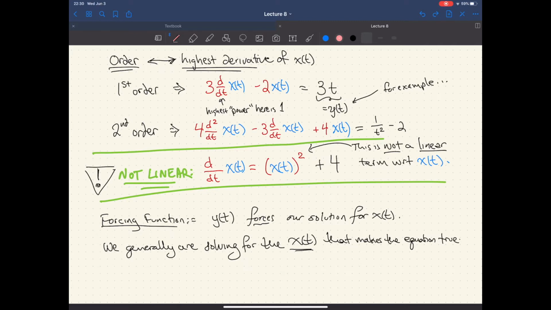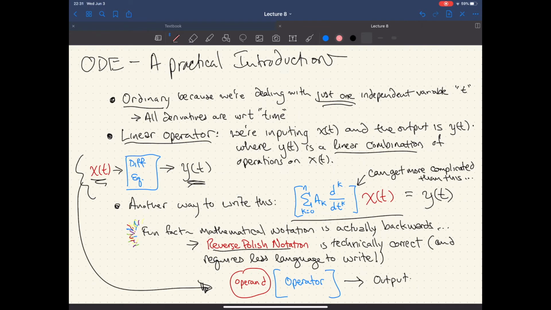So an example of nonlinear, because we said we're going to be dealing with linear ordinary differential equations. What does it mean to be nonlinear? Well, here's an example of a nonlinear operator. It's the quadratic of x. So this obviously involves the derivative of x. It's a differential, but it's nonlinear because it's utilizing x(t) squared. So back here, recall, it's just something applied to x plus something applied to x plus something applied to x.